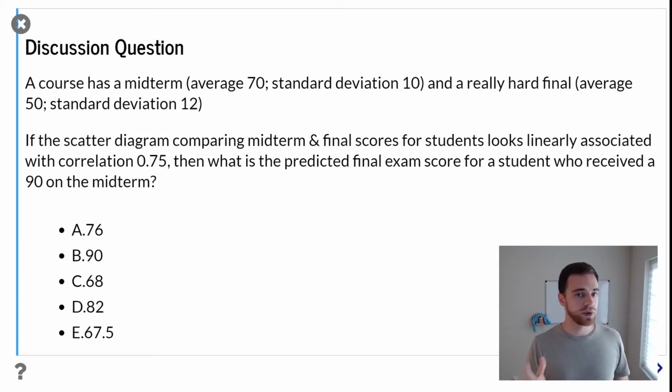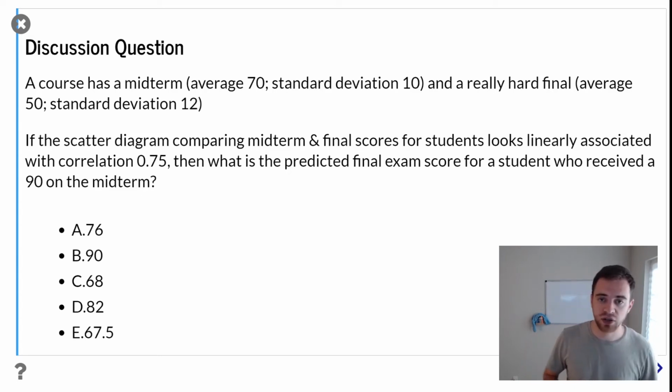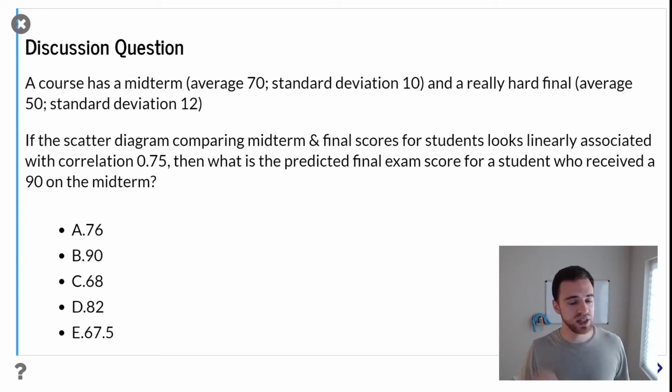That's in normal units, so I need to convert that to standard units. I was told that the average was 70 and the standard deviation was 10. So I'm going to do 90 minus 70 over 10. That's 20 over 10, which is 2. Their midterm score in standard units is 2, meaning they were 2 standard deviations above the mean, which is very good.